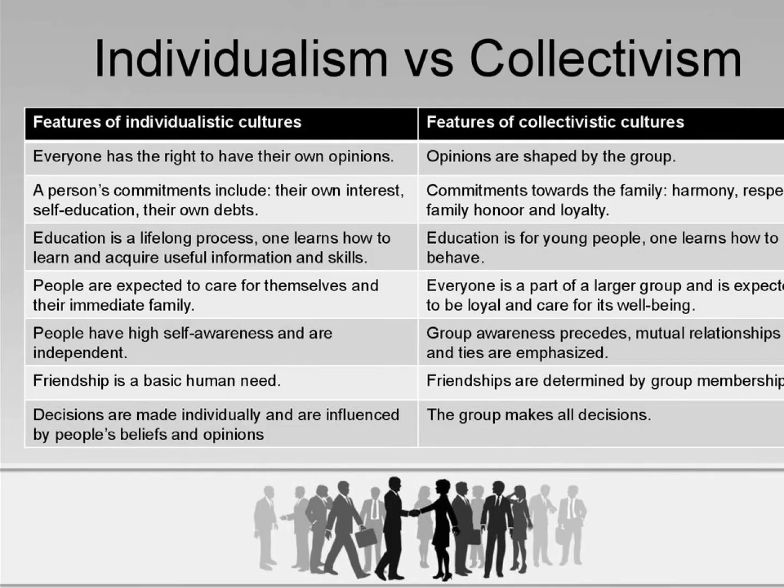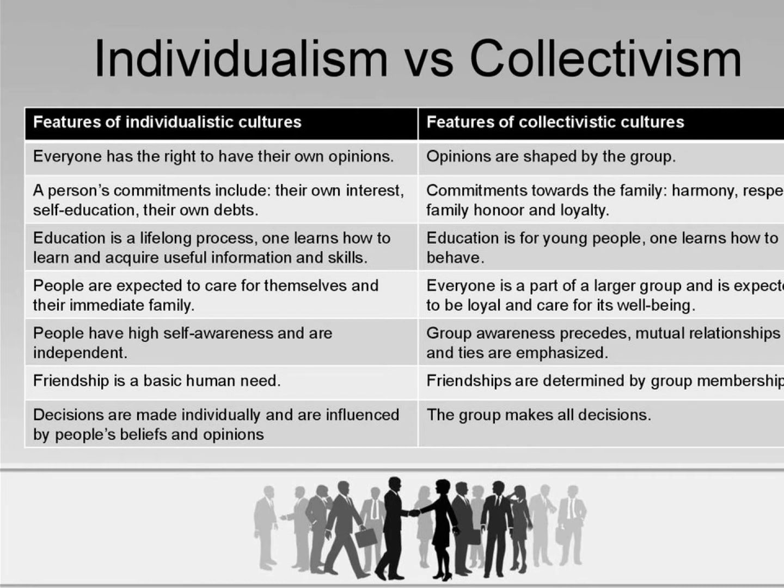Where do you think the United States lands on this continuum, individualism versus collectivism? What about Mexico, Brazil, China, Japan, or Germany? Some of the standout features of an individualistic culture are that everyone has a right to their own opinion. One's commitments should include their own self-interest, their own education, their own debts.